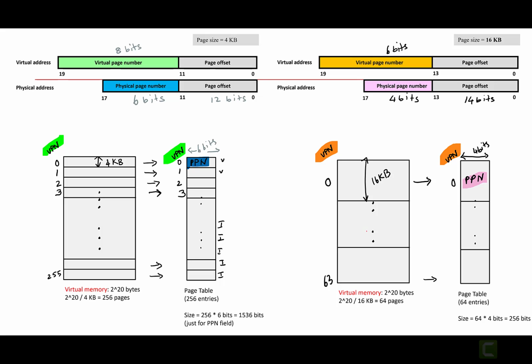Okay, now the question is, if I'm worried about the page table size, can I just solve the problem by simply increasing the page size to as much as I want? The answer is you could do that up to a point, but after a point, let's say 16 kilobytes or 128 kilobytes even, you are going to run into fragmentation issues.